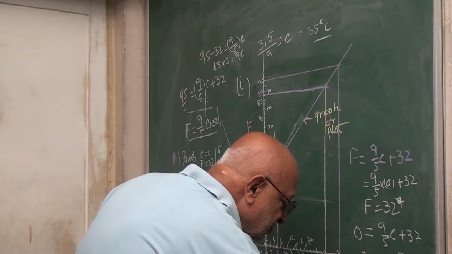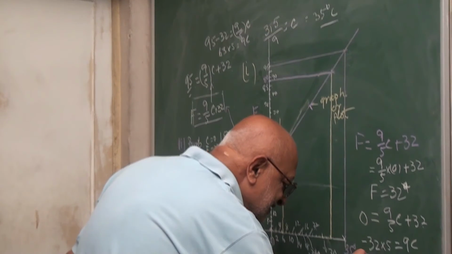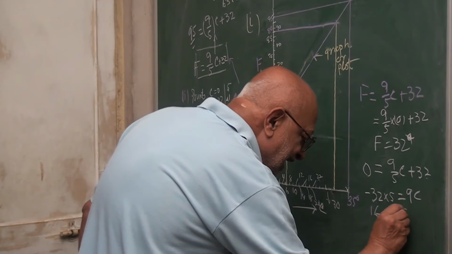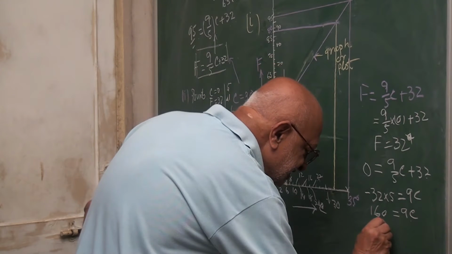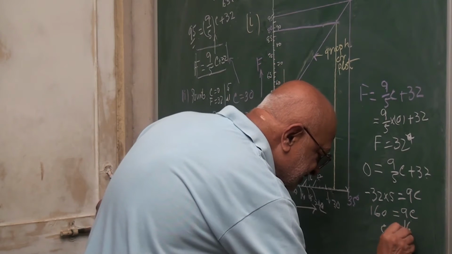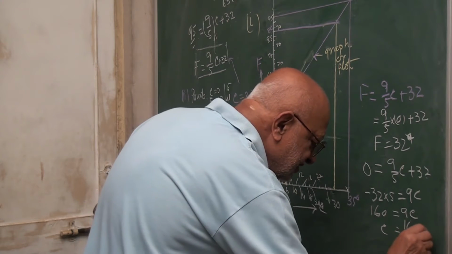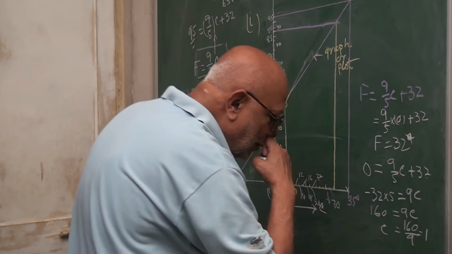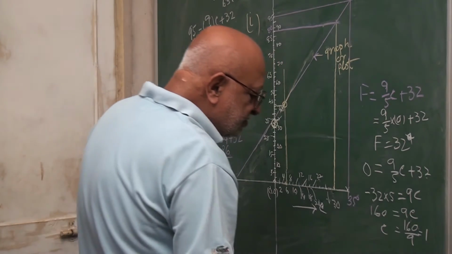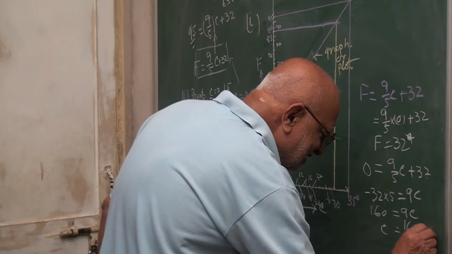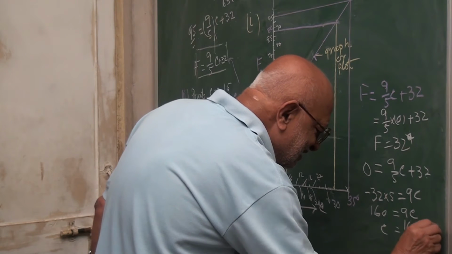So this is 0 and this is 160, that is equal to 9C. So C should be equal to 160 by 9. That will be somewhere around 17.8 degrees.